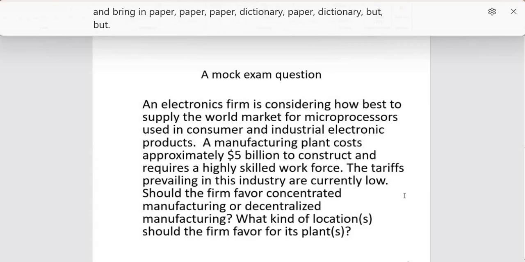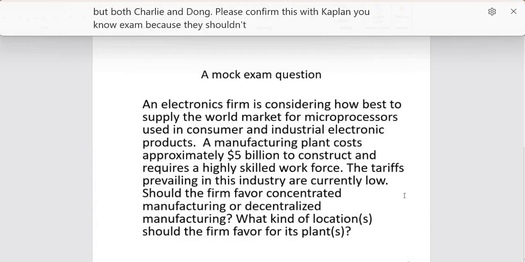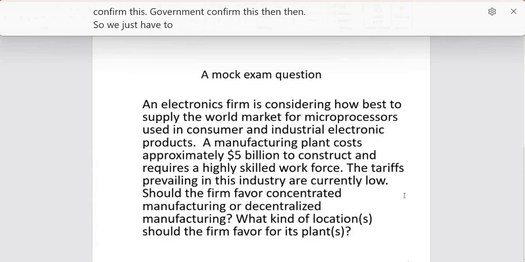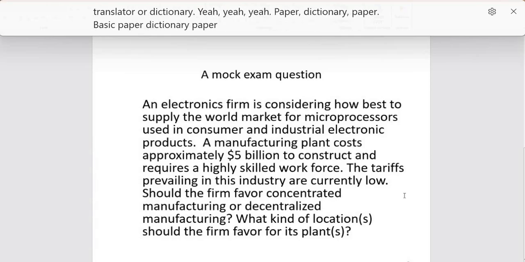But both Charlie and Don, please confirm this with Kaplan, because the students will take the exam in Kaplan. So we just have to confirm with Kaplan whether they can bring a translator or dictionary. A basic paper dictionary should be okay.